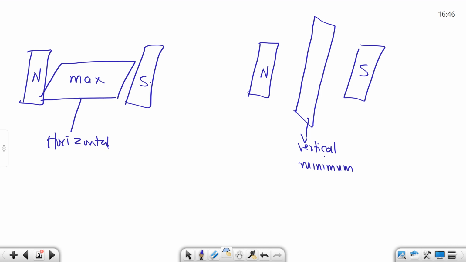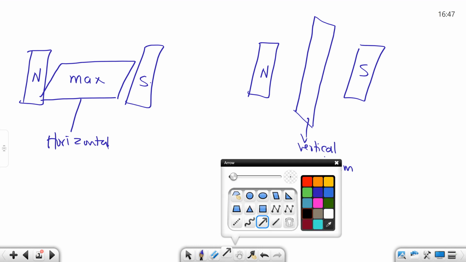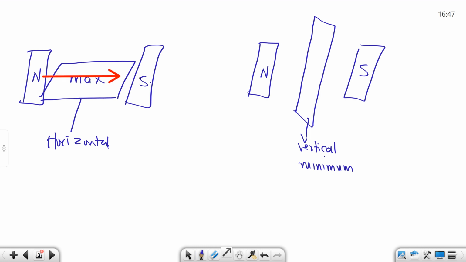Let me just quickly do some explanation here. I'm hoping to answer all your unasked questions. The field is running parallel there. Is that okay? That's the magnetic field. Field here, magnetic field, is what? Parallel to the surface of the coil.